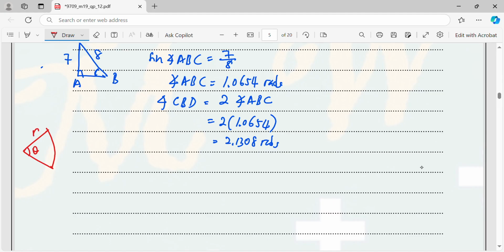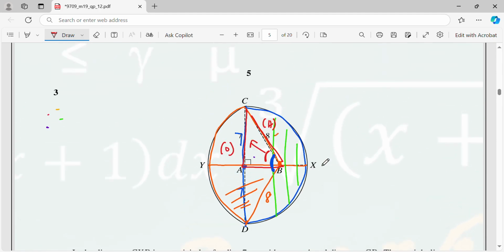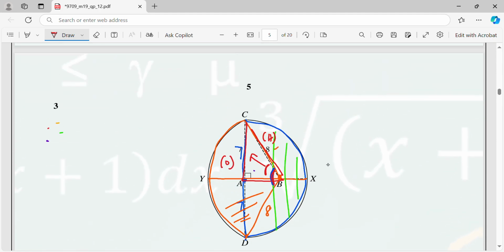So now from here, I can easily get my area of sector because our formula is, for a sector with radius R and angle theta, the area is half R squared theta. So now we have found the theta. The theta is basically this blue color. That means the R is 8. So you look at the whole orange color labeling.